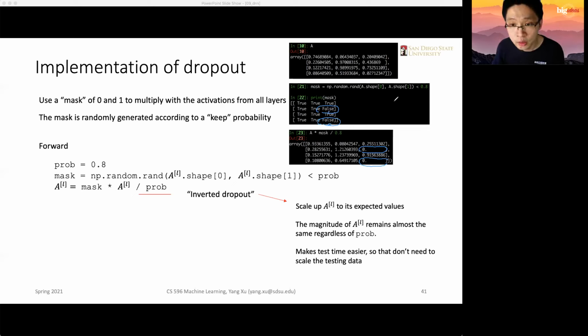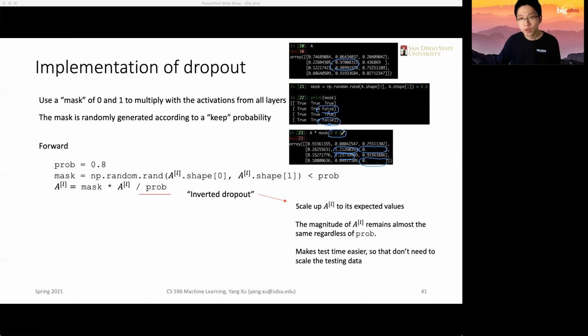We can also see that because we have these inverted dropouts, some values are greater than the original values. These two values, for example, are greater than these two. They are 0.9 something, but now they are 1.2 something. So the total magnitude remains at the same level.